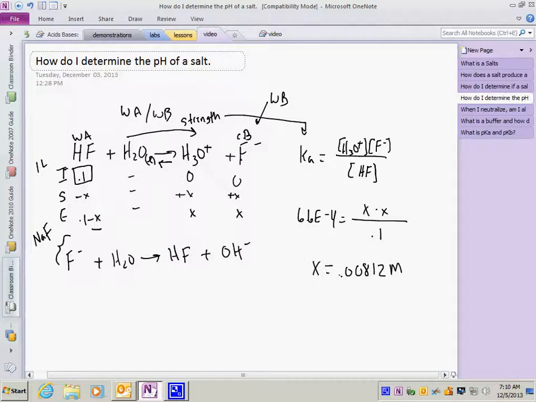You could easily figure out the percent ionization by this divided by 0.1 times 100 will tell you what percentage changed over. The negative log of that value will give you the pH at this point, and therefore the pH equals 2.09.